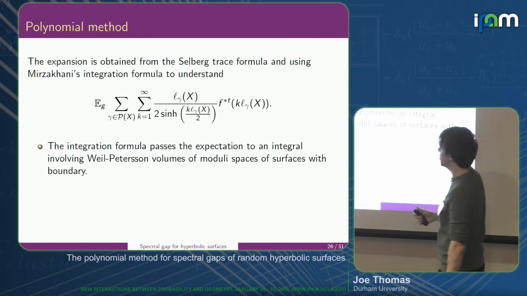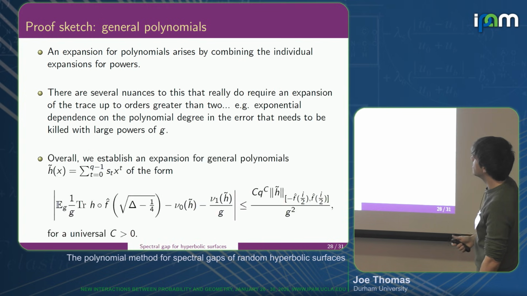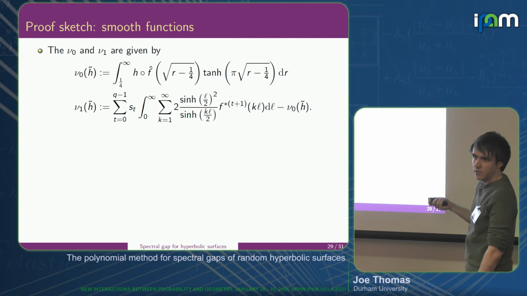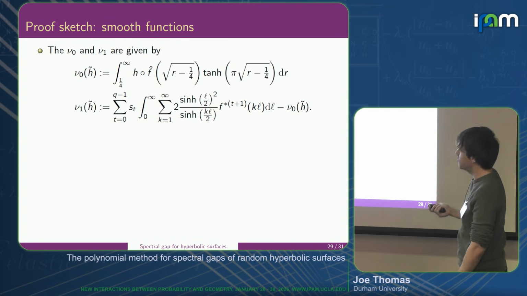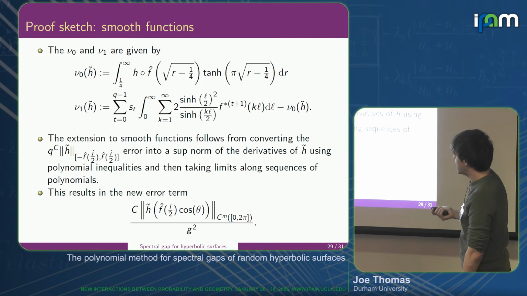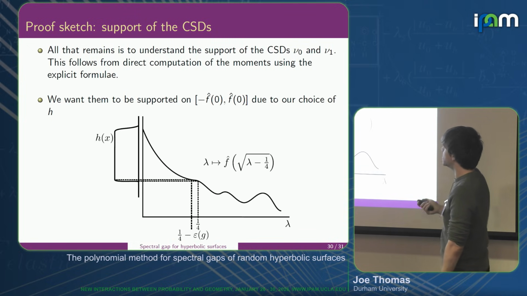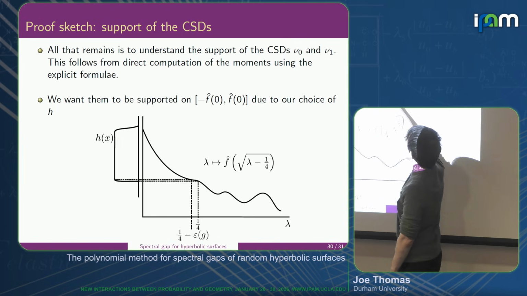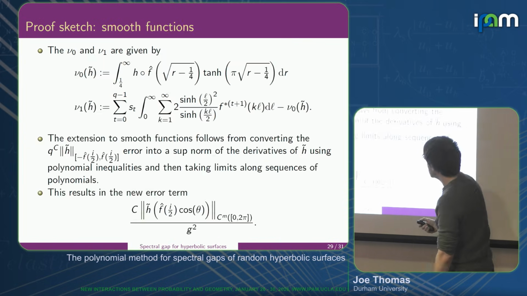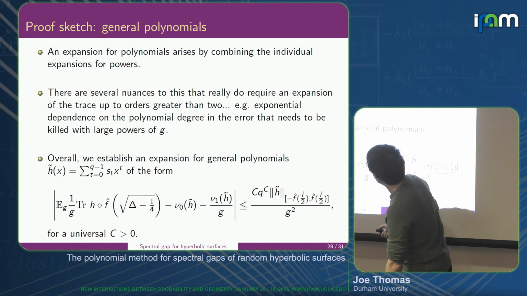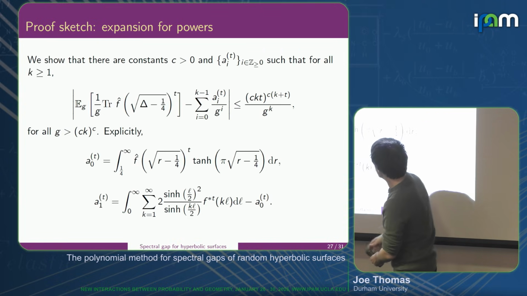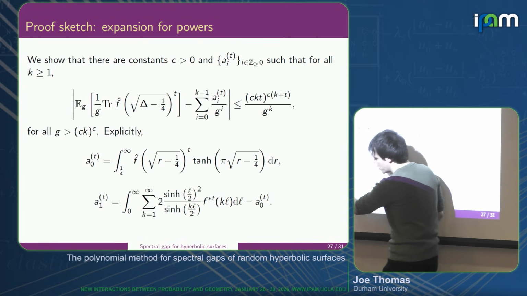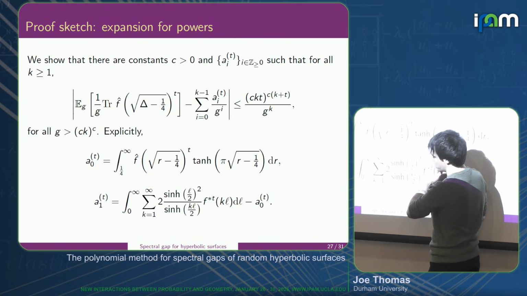And to do this, we'll just do moments. But because we actually have a very explicit formula for this, you can do this by hand and compute these moments. And what you'll see is that just by direct computation, we get them supported on minus f hat of 0 to f hat of 0. And this is exactly what you get because there's my nicer formula for these moments. For this thing, remember we ignore the k equals 1 term because that's going to get cancelled with the trivial eigenvalue contribution.